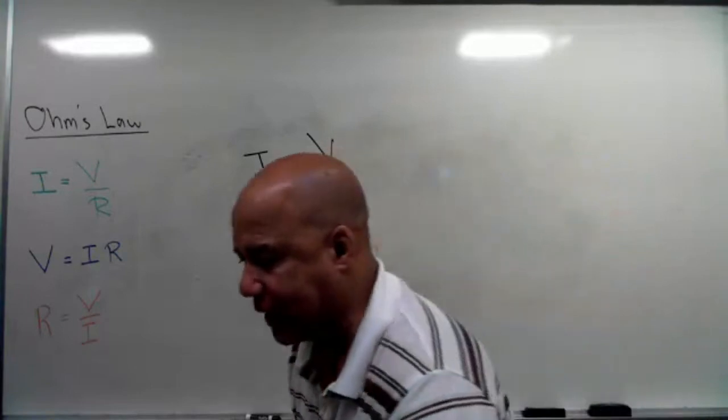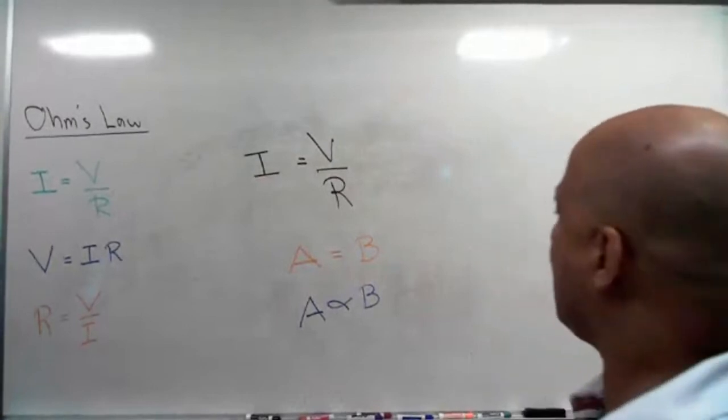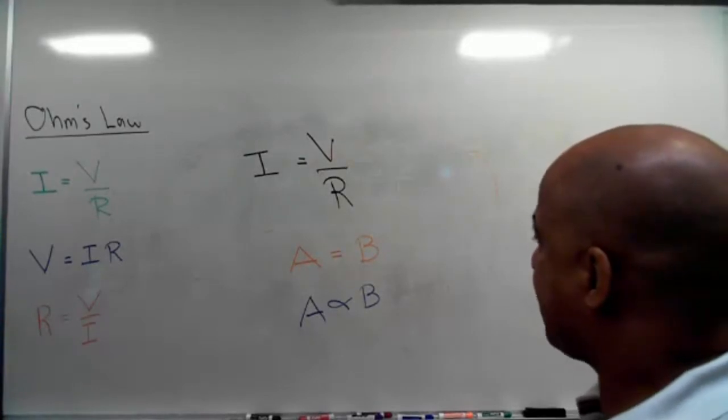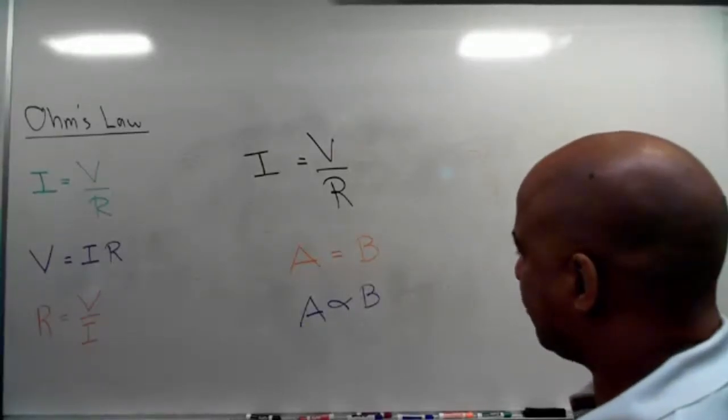What does that mean mathematically? What does the top one mean? A equals B. Okay, what does that mean? If you say something is equal to something else, what does that mean? They have the same value, the same amount. What about on the bottom?